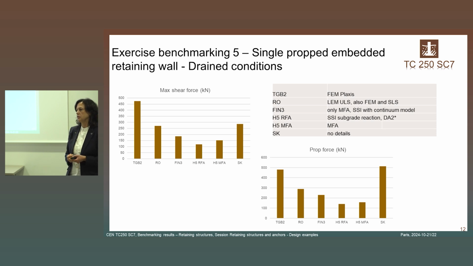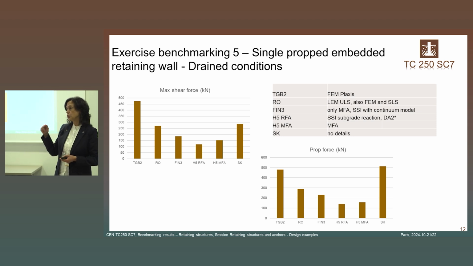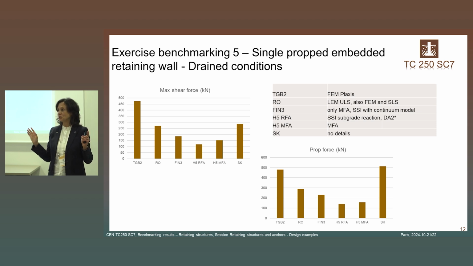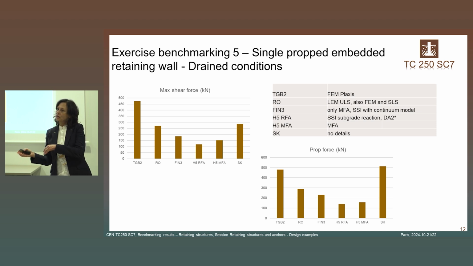Some of the designers are trying to optimize, some others not. Some others just took the 18 meters value, and if the checks were accomplished, they said, okay, 18 meters, it's okay. The others try to optimize and to check the minimum embedment length that is fulfilling the requirements or the verification. So there are different approaches, let's say more academic ones and more practically oriented ones.